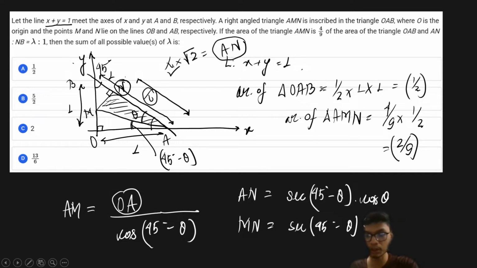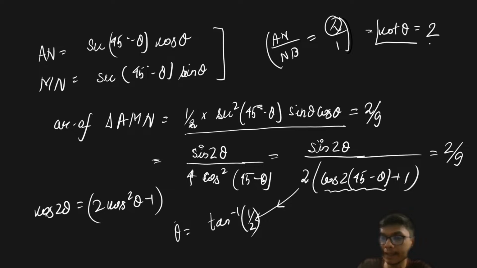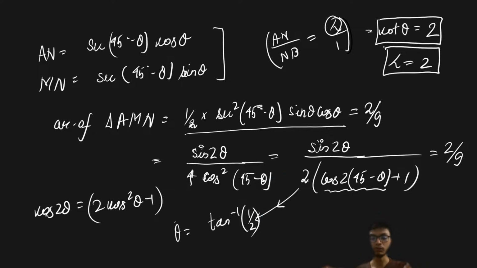If you proceed this way, you will find that this particular ratio is coming out as cot theta. So lambda is basically cot theta, and tan theta is 1 by 2, so cot theta is going to be equal to 2. From here you'll get lambda equal to 2. So we'll get only one possible root of lambda, which is equal to 2.